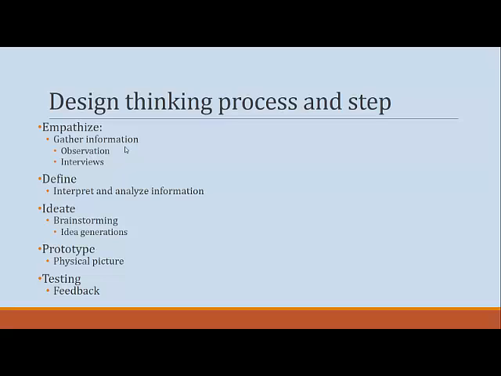So the next step, when we are done collecting information and analyzing it, is ideate. So we have this information, we have a deep understanding of what the problem is, and then we come to thinking of the right solution. What can be the right solution?